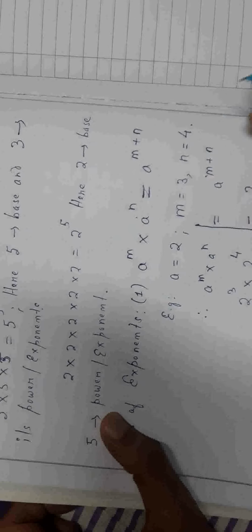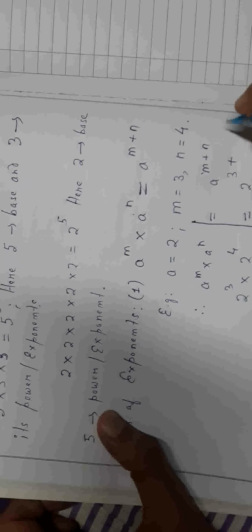Similarly, on the right side we write base 2 and add the powers, that is 3 plus 4. 2 to the power 3 plus 4. Now 3 plus 4 gives 7. That means 2 to the power 7.